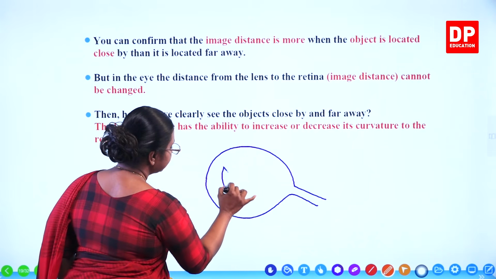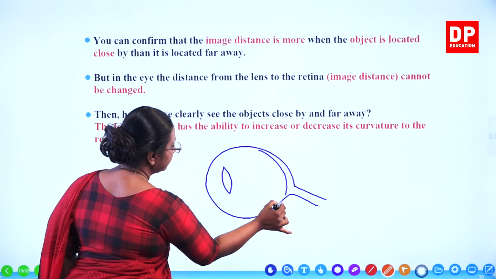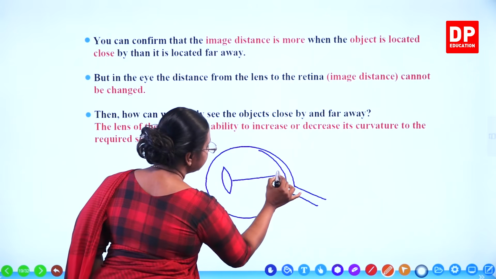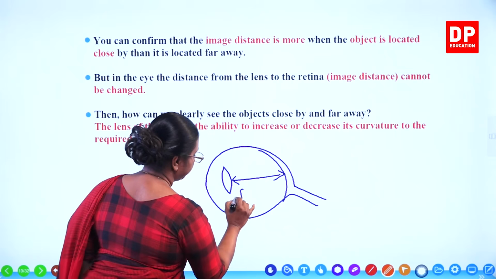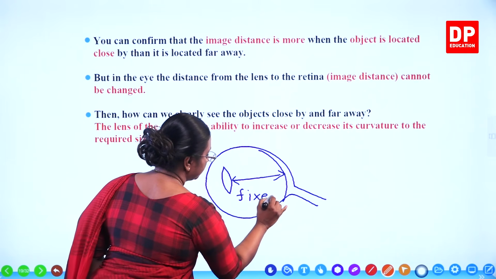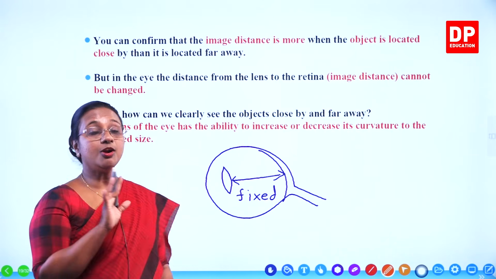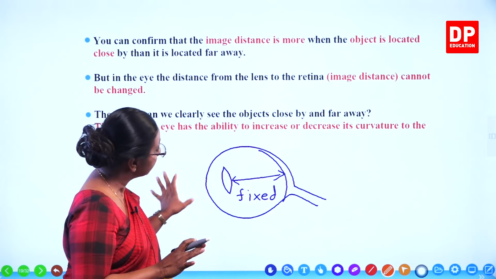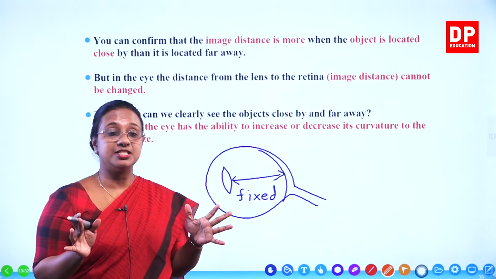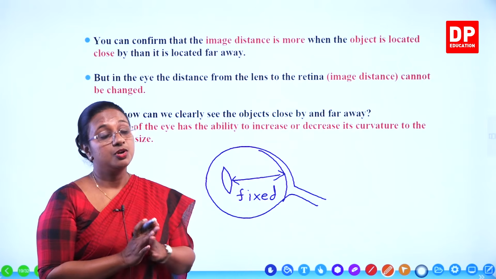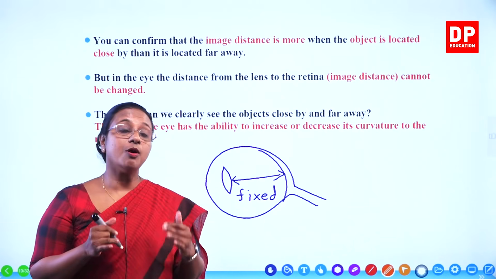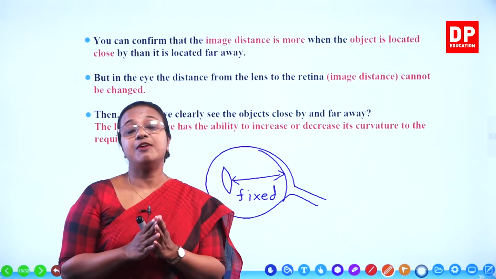This is the lens and that is the retina. This distance cannot be changed. This is fixed. From the activity, you all have understood that the image distance changes. But here the image distance is fixed. So then how do we see objects close to us and far away?